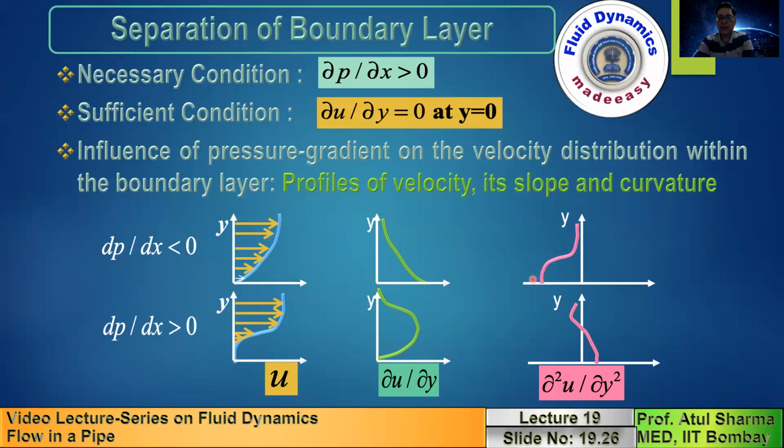Near the wall, curvature is large, and it asymptotes to zero curvature. Whereas for an adverse pressure gradient, near the wall you have a positive curvature, and on the upper side you have a negative curvature. So there is a change in the sign of the curvature from positive to negative, and this is called the point of inflection, the point across which there is a change in the sign of the curvature.